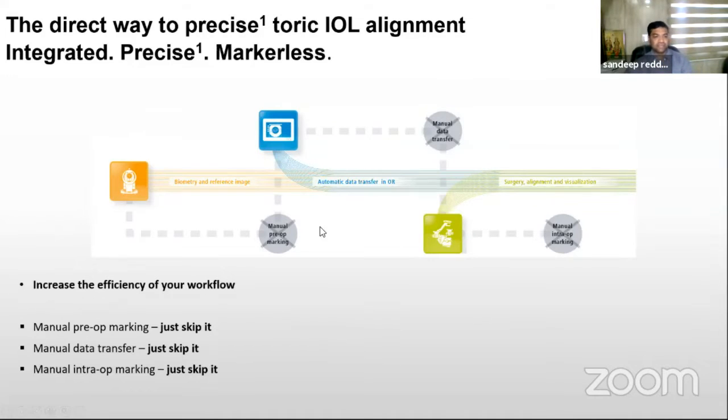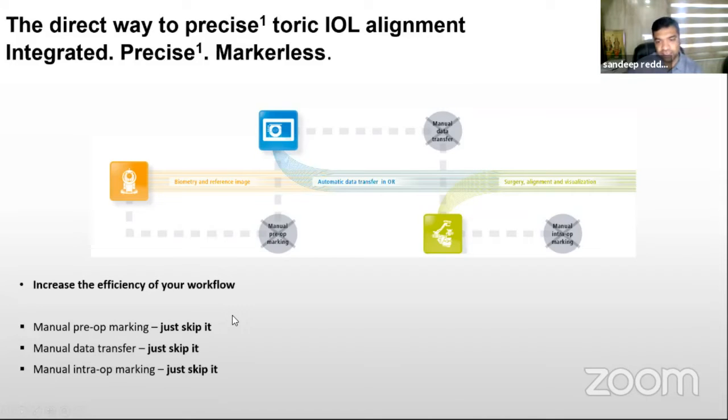This increases the efficiency of your workflow. All the manual pre-op markings can be skipped, and you don't have to unscrub to mark each and every patient. The manual transfer of data can be skipped.